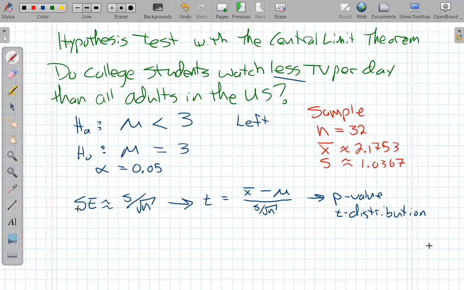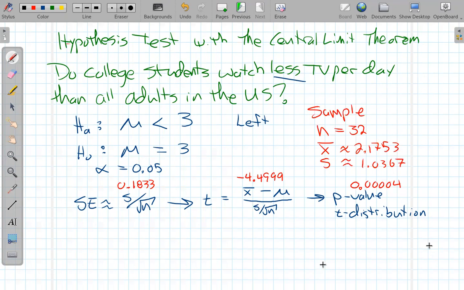For the sampling distribution, we get a standard deviation of s over the square root of n. Spreadsheet said that was about 0.1833 hours per day, and we get a t-score of about negative 4.4999. And that led to a p-value of about 0.00004-ish.